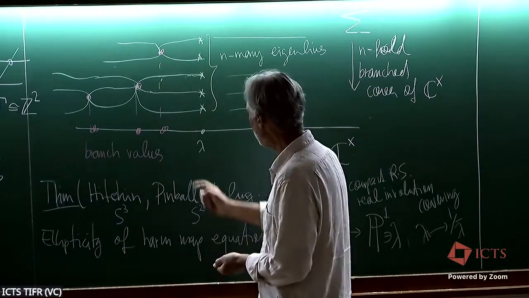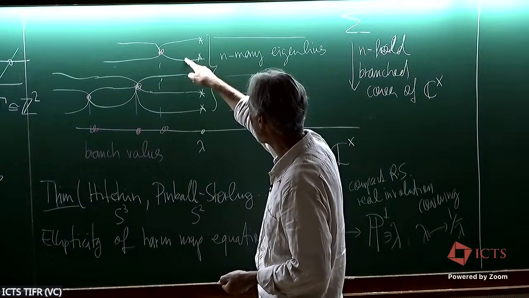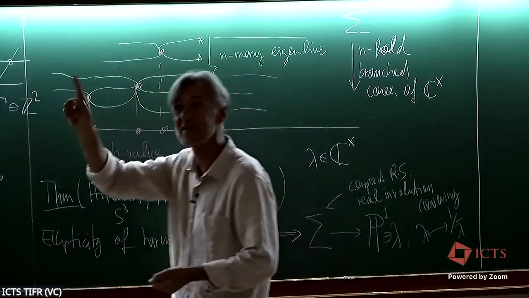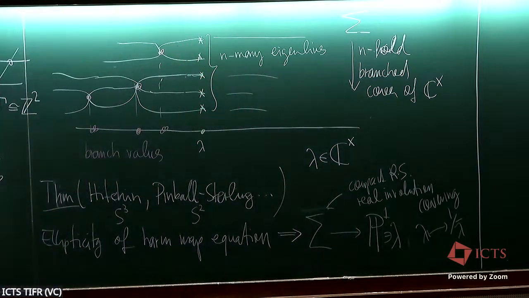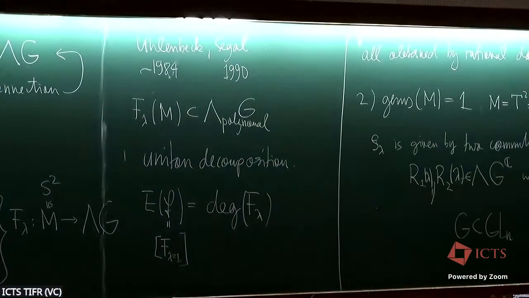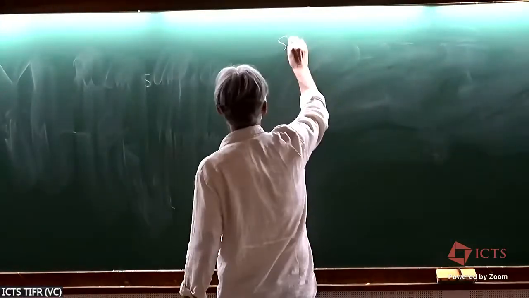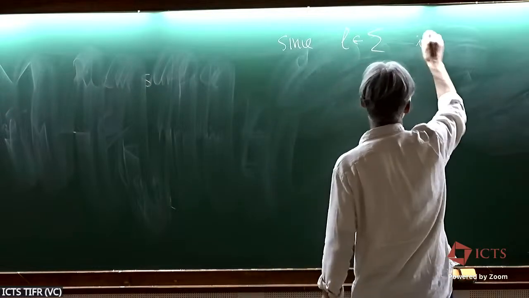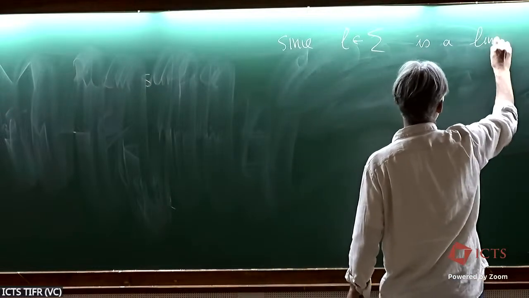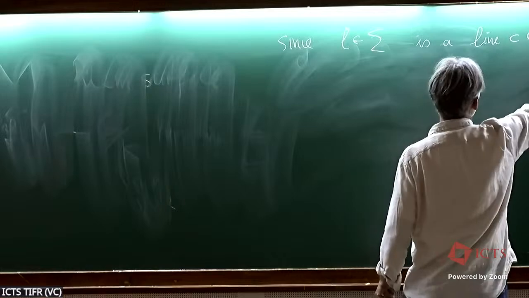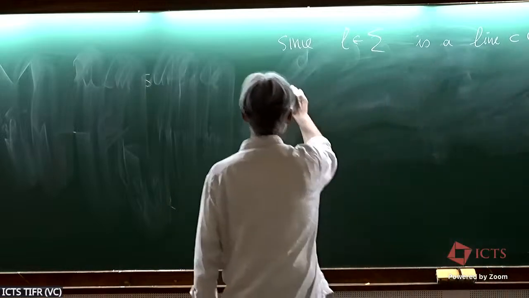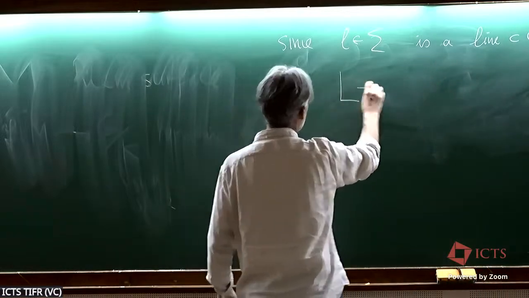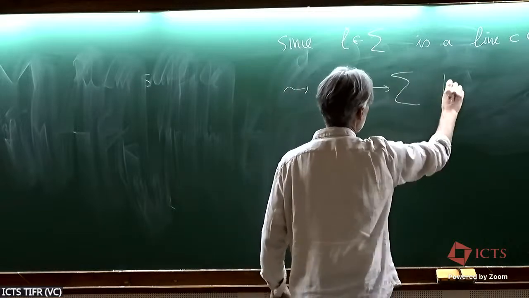So what that means is at each point on the Riemann surface, I have given a line inside C^n, the n-times-n matrix. That defines a line bundle over my surface, right? So since little l in sigma is a line inside C^n, I obtain a line bundle L over sigma, a holomorphic line bundle.